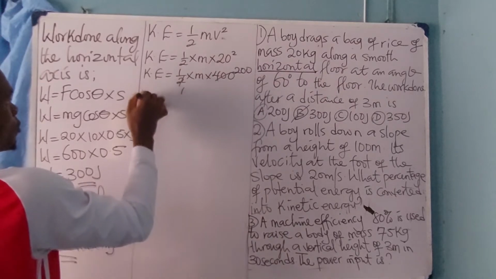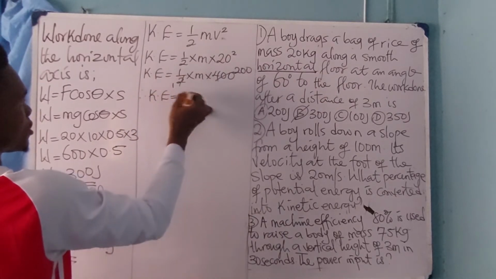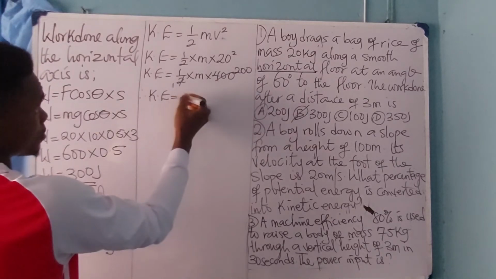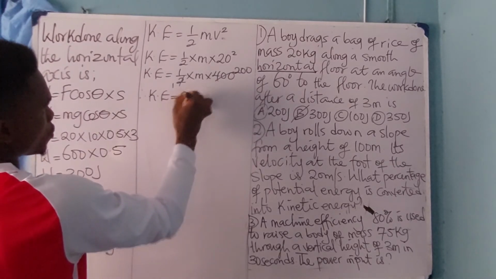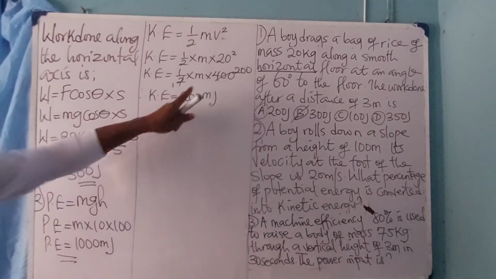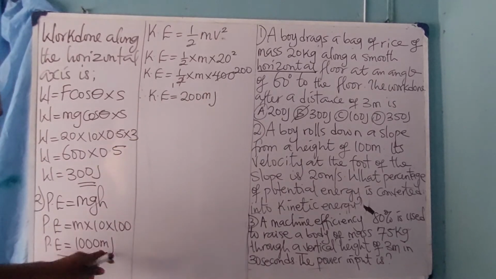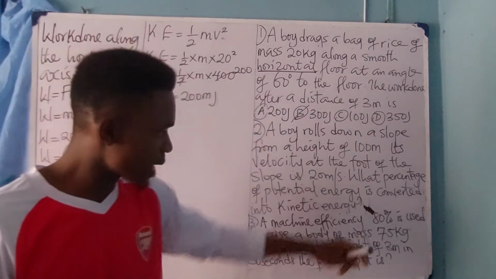Therefore, kinetic energy is equal to 200m joules. Now, this m, you know, was not given. You have this and you have this, the masses were not given. Now, they said we should convert potential energy to kinetic energy.